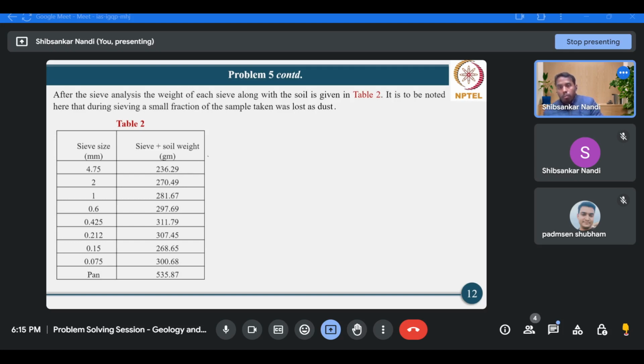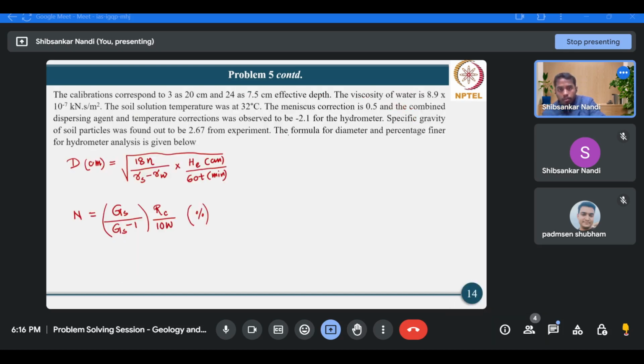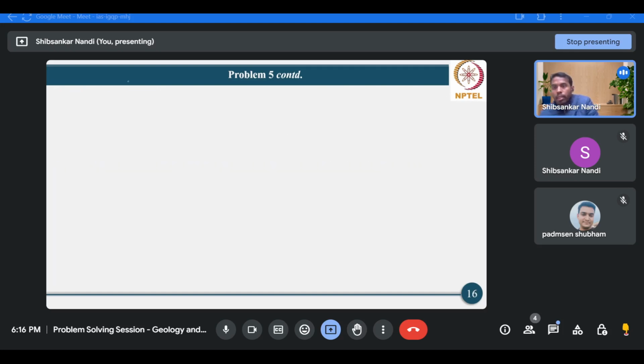Now, by knowing how much soil is retained on a particular sieve, we can calculate further. So what are the things we will be calculating? Here I am summarizing. First, the sieve analysis. We will first concentrate on the sieve analysis part.